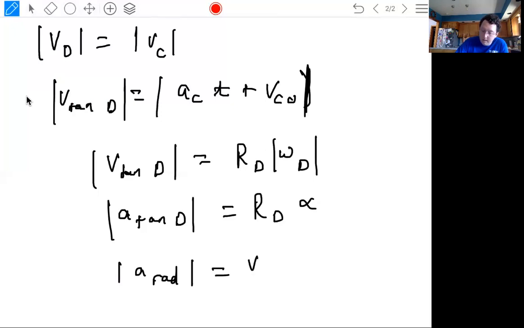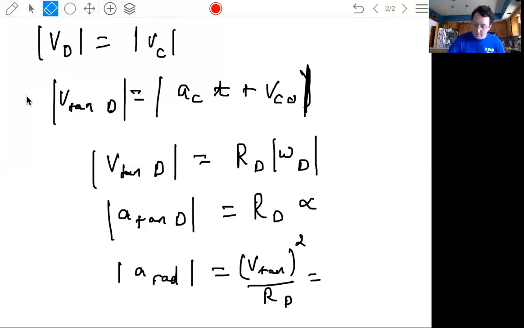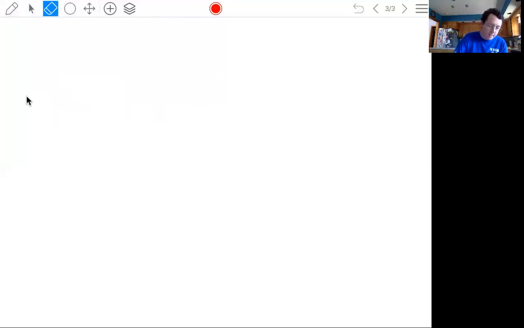So that's going to be v tangent squared, the minus signs don't matter, over r at point D. And you can just use the above expressions to get that. Okay, so those are the formulas I have in my mind, the way we would have discussed it in Physics 1. All right, so let's go through the math a little bit more carefully.